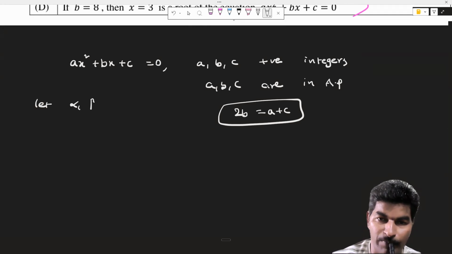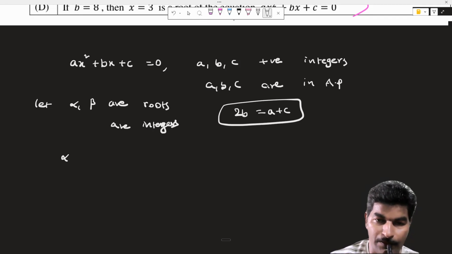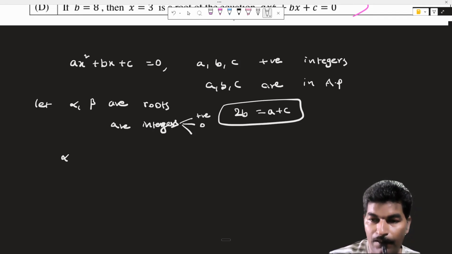Let alpha comma beta be the roots or solutions of the equation, and they mentioned that they are integers. For integers, there are three possibilities: positive, 0, or negative.